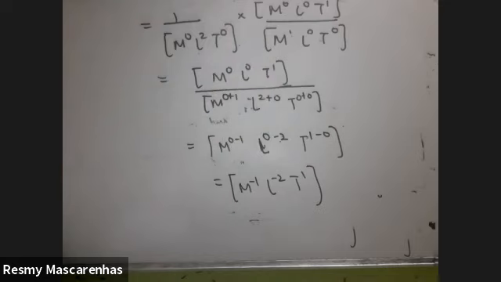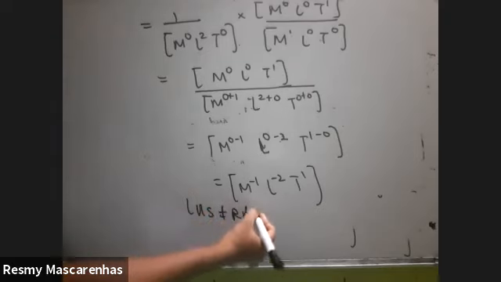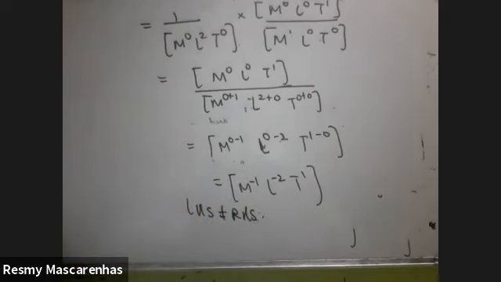This is not the same, no? Left hand side, are you getting it equal to right hand side? No. So left hand side is not equal to right hand side. Well, it is not correct.